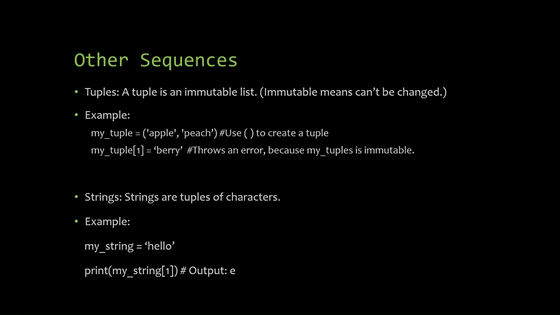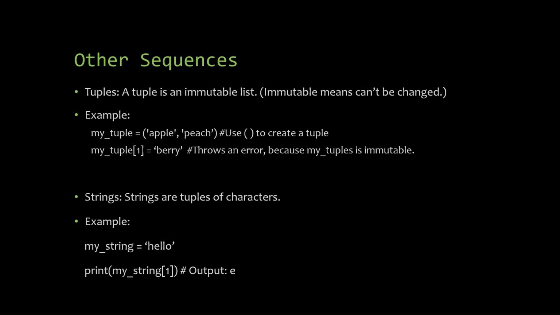Also strings. So apple is a string. It's a string of characters. Well, these are tuples. Technically, they're not tuples, but they act like tuples, and we can treat them like tuples. So you can see on the bottom line, it says print my string 1. Well, H is the first letter in the string, so that's index 0.